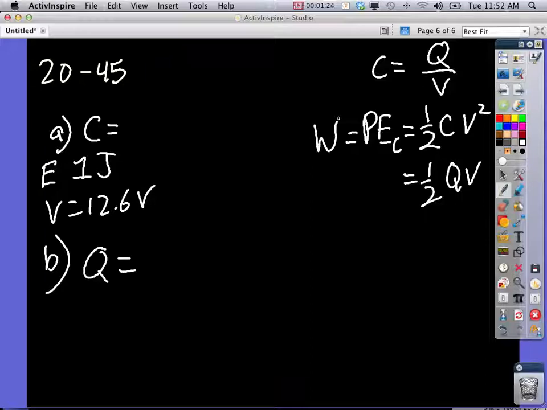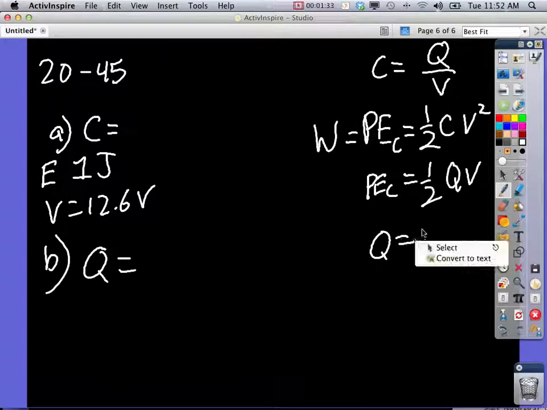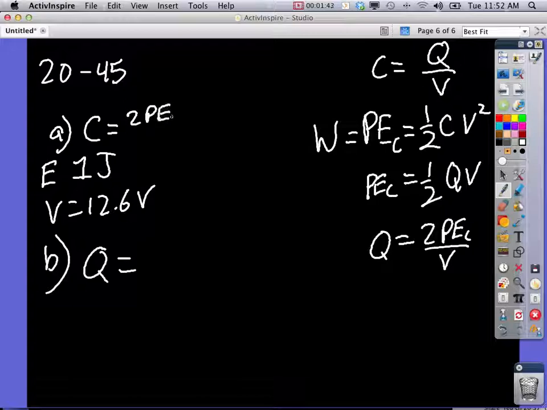I could take this one, so this is that PEC. So I could say Q is equal to 2 PEC over V. And I can stick that in there. So I'm going to get something like 2 PEC over V squared. And that should give me my answer.